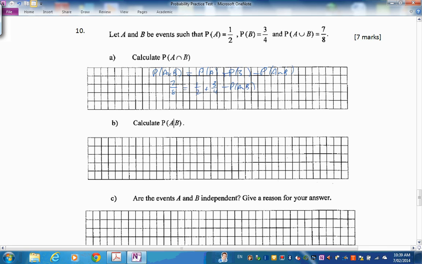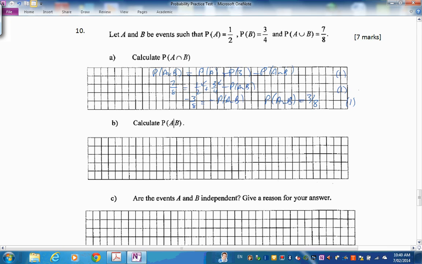So if you do that, change them all to 8s. What's this? 4/8 and 6/8, it's 10/8, so it's negative 3/8 equals negative probability of the intersection. So the intersection probability is 3/8. Okay, so 1 for each of those ideas, and 1 for the answer.